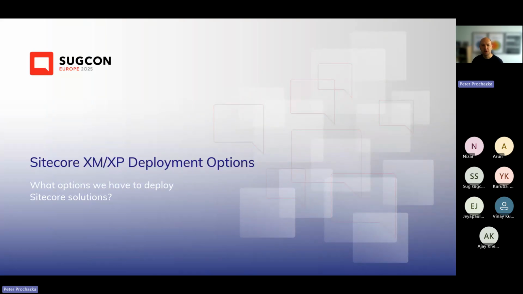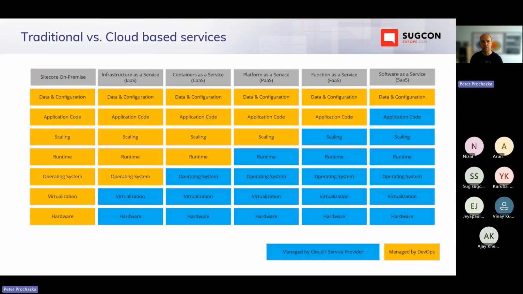Let's check some traditional and some cloud-based services that we can potentially use as deployment options nowadays with Sitecore, or also some other applications. We have on-prem, which is the traditional option, and we have a couple of options on the cloud provider side for Sitecore and also non-Sitecore solutions.